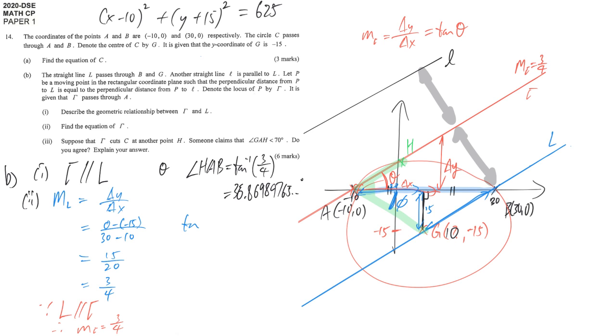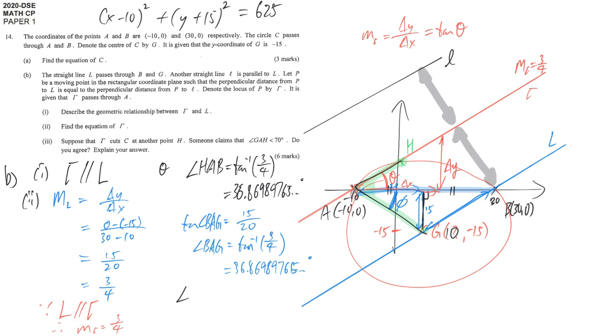Tangent of this angle, or you may write tangent of angle BAG, is equal to opposite 15 divided by 20. So again, BAG is equal to shift tangent 3/4. So basically they are the same, 36.869896765 something degrees.